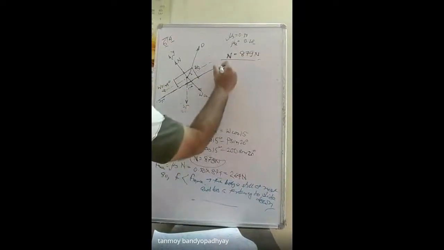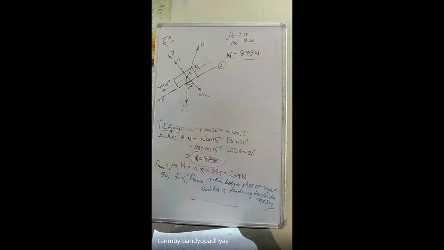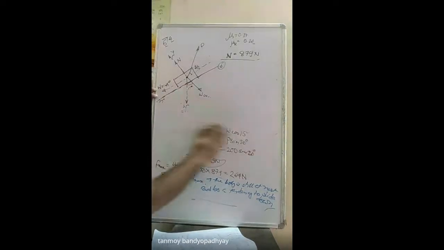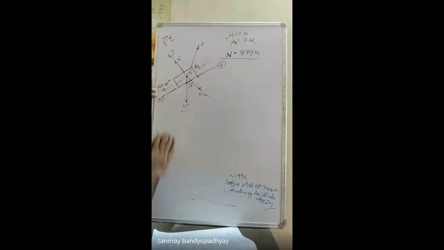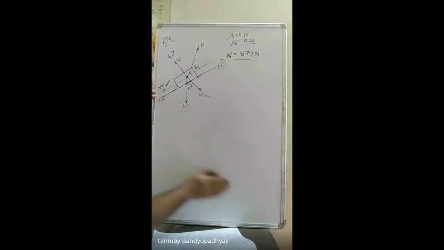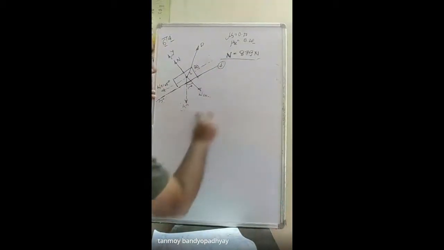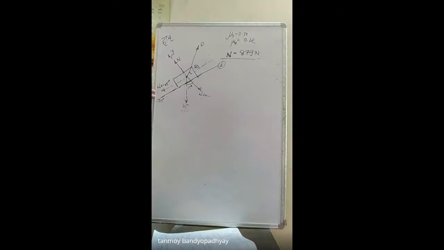Okay. So now let's move to case B. In this case, they have already told about the motion of the body, so we need to calculate P. Now they are increasing P. So as I go on increasing the value of P, a time will come when the body will have an impending motion upwards.